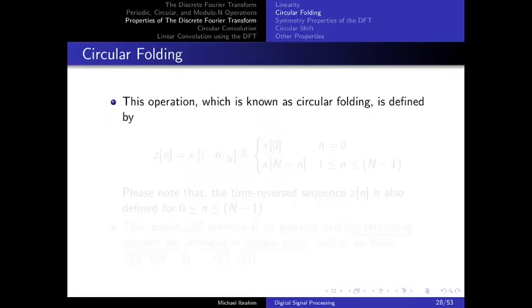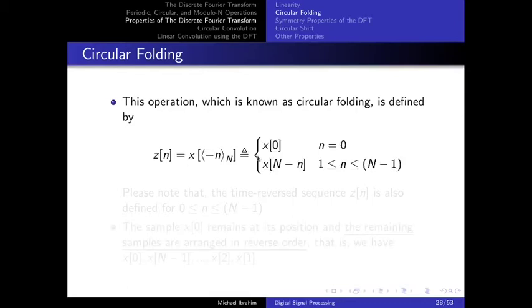This operation, known as circular folding, can be defined mathematically as follows. x of minus n modulo N, which is the circularly folded sequence, is equal to x of 0 for n equal to 0. So the sample at 0 remains as is. For the other time intervals, it is x of capital N minus n small.